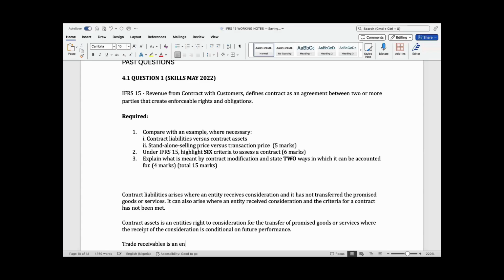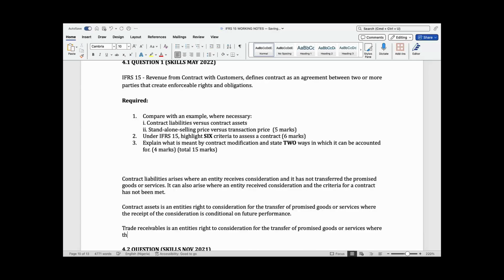So trade receivables also is an entity's right to consideration for the transfer of promised goods or services. But here, the receipt of the consideration is only conditional on passage of time.